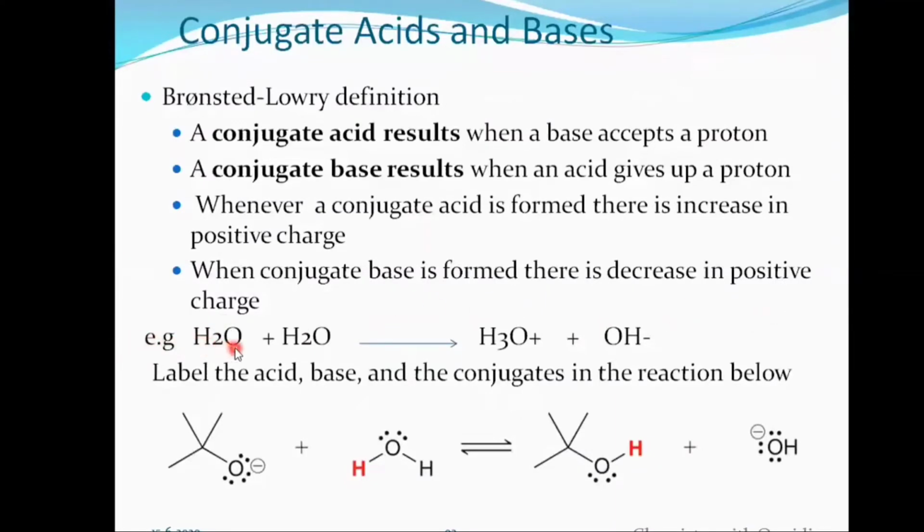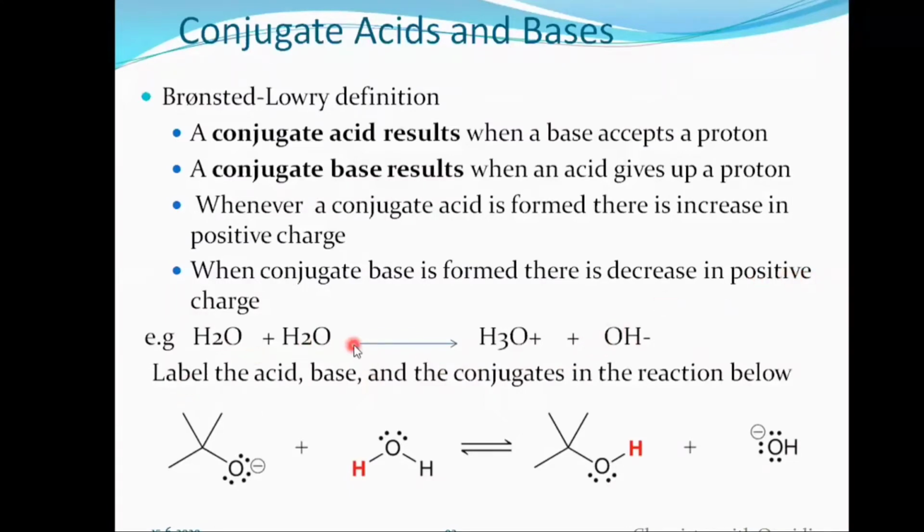Consider the example of water molecules. Here two water molecules react together, and one water molecule donates a proton and the other accepts a proton. The one that accepts the proton is the base, and after accepting the proton it will form hydronium ion, and the one that acts as an acid after giving its proton will form hydroxide ion.